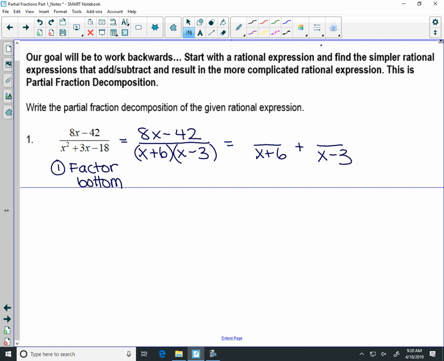You can call them heart and star or smiley face and frowny face. They're just variables. I'm going to call them A and B. The textbook and Math Excel call them A and B, and everything I've seen online calls them A and B. So our second thing is to break it up.